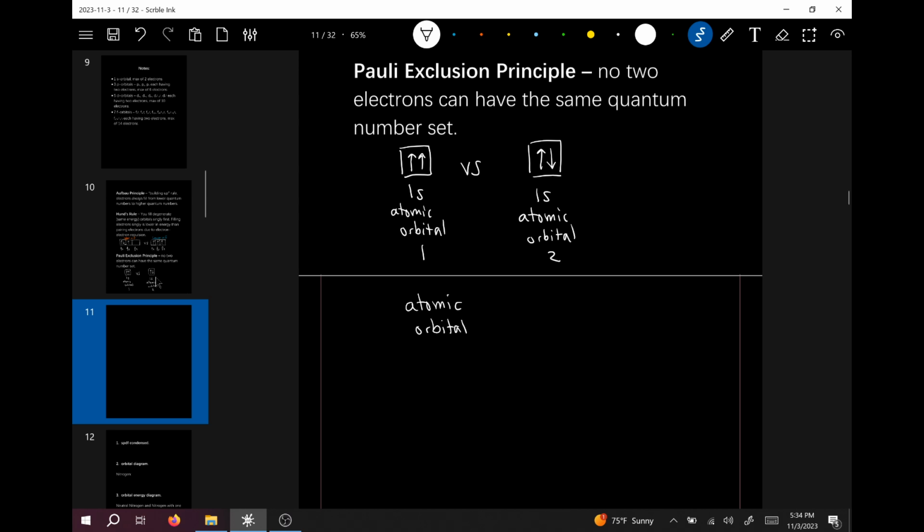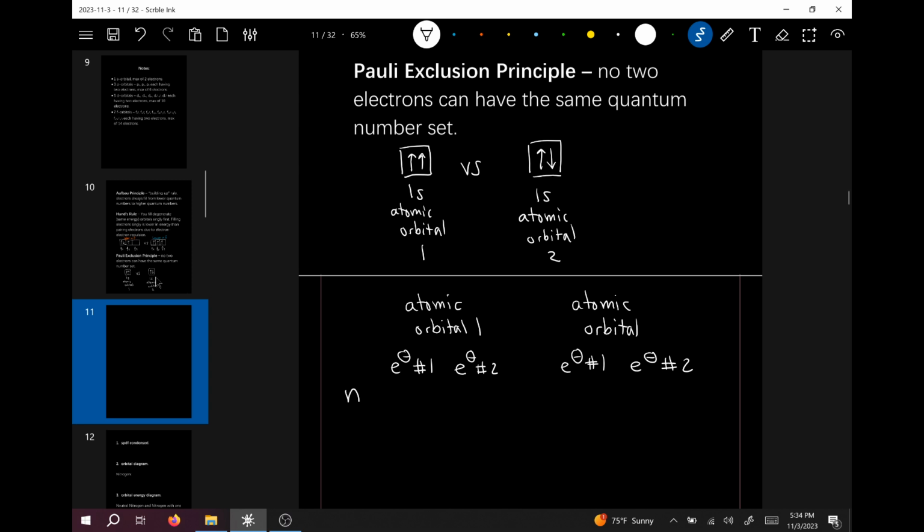Atomic orbital number 1 has 2 electrons, so we're going to call this electron number 1, electron number 2, and then we're going to do the same thing for the other atomic orbital, which also has 2 electrons, electron number 1 and electron number 2.